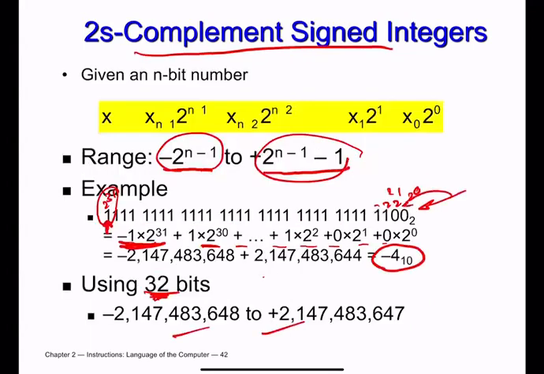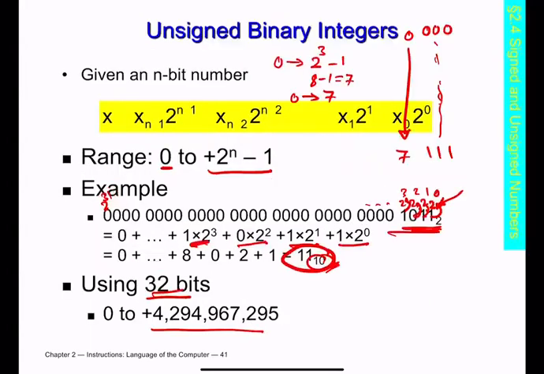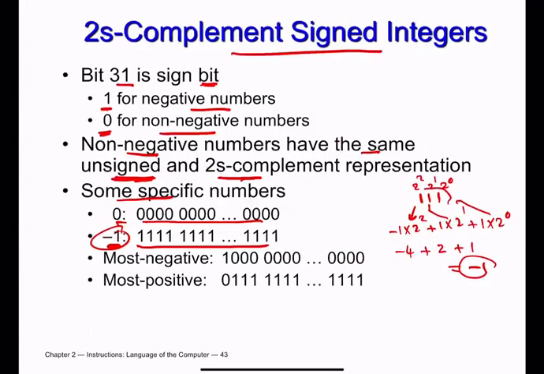Although it is only 3 ones, it's still -1. All of these ones, even 31 or 32 ones, still give you -1 in the 2's complement domain. So if I'm asking you, in a 2's complement representation, what is the most negative number?